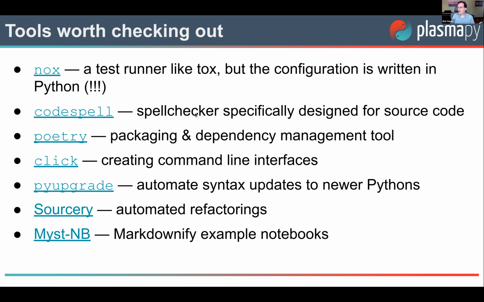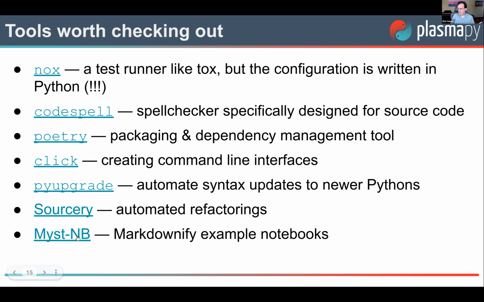It takes a dictionary of common misspellings and looks for those, instead of looking for whether collections of characters are in a dictionary. So it works pretty well. And there's Poetry for packaging and dependency management, Click for creating command line interfaces, PyUpgrade for automating syntax updates to newer Pythons. And then also some tools like Sorcery, which do automated refactorings.